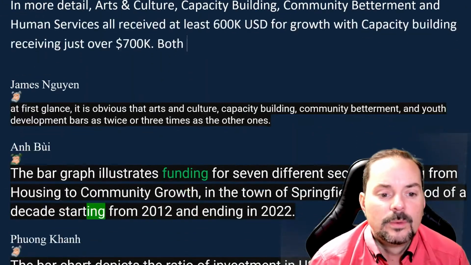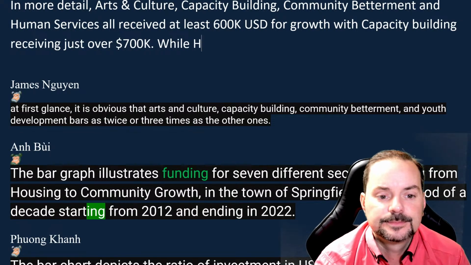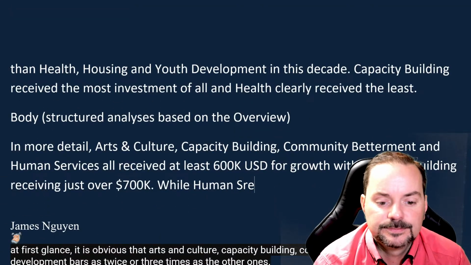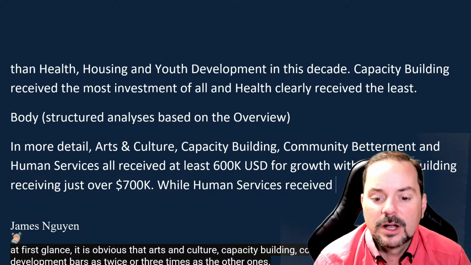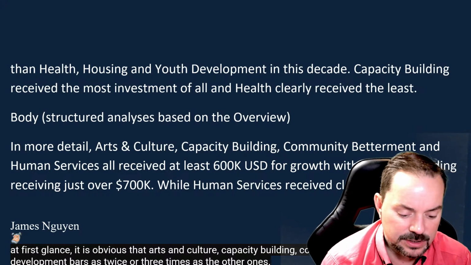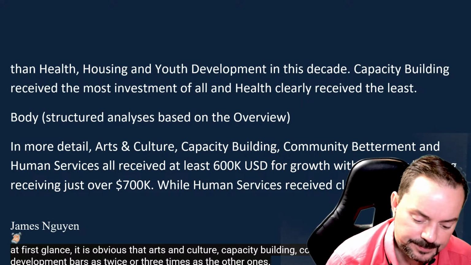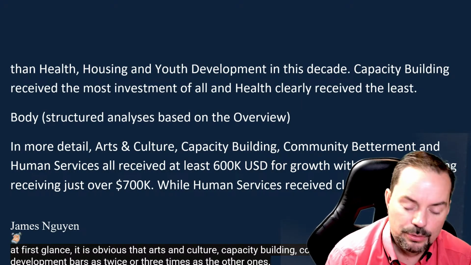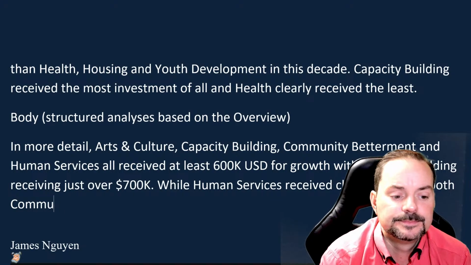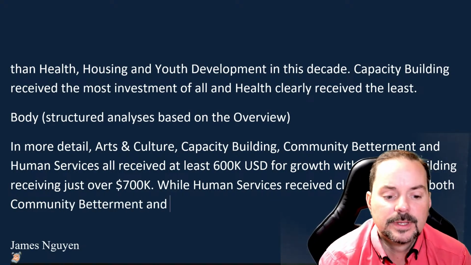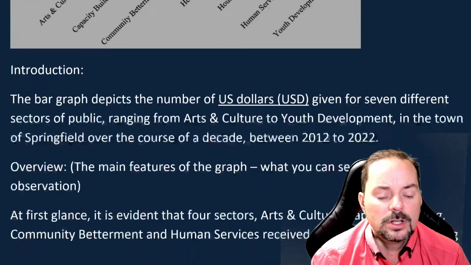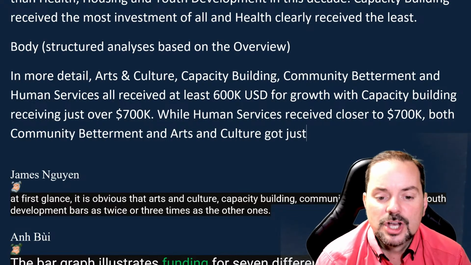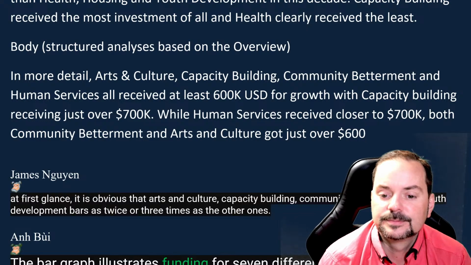So, while human services received closer to 700,000, both community betterment and arts and culture got just over $600,000.